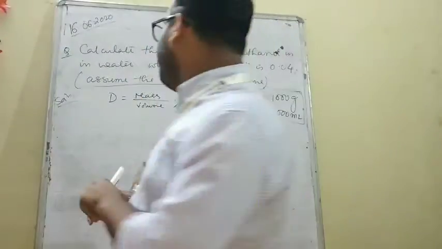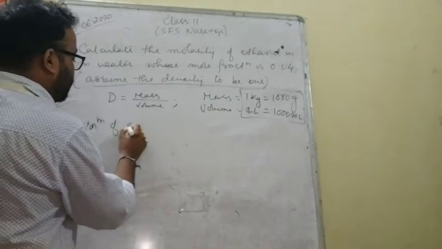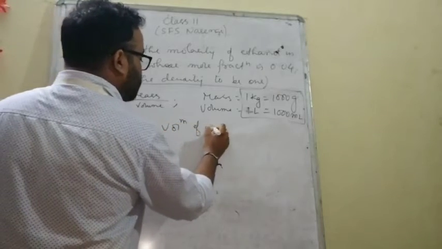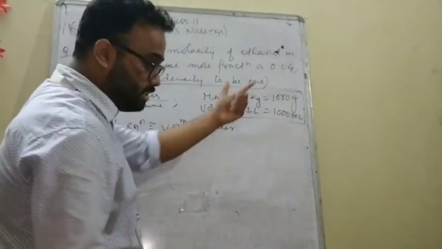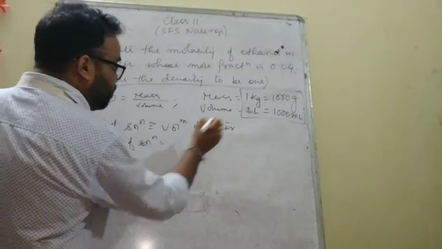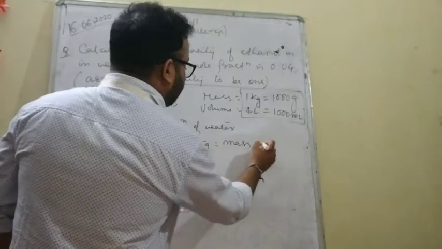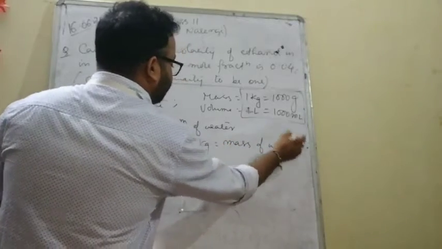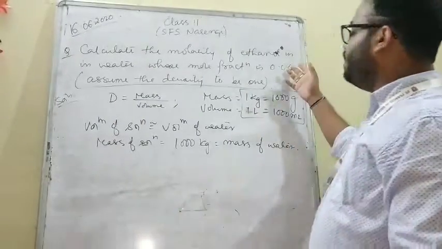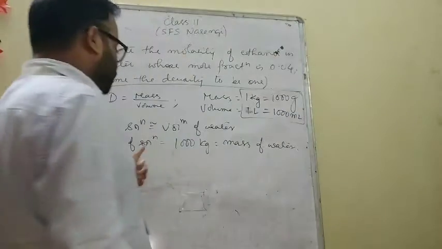So I will not be wrong if I write that the volume of solution is almost equal to the volume of water, since ethanol is very less, and the mass of the solution which I have taken, 1000 gram, will be equal to the mass of water. I can assume that because the mole fraction is very, very less.